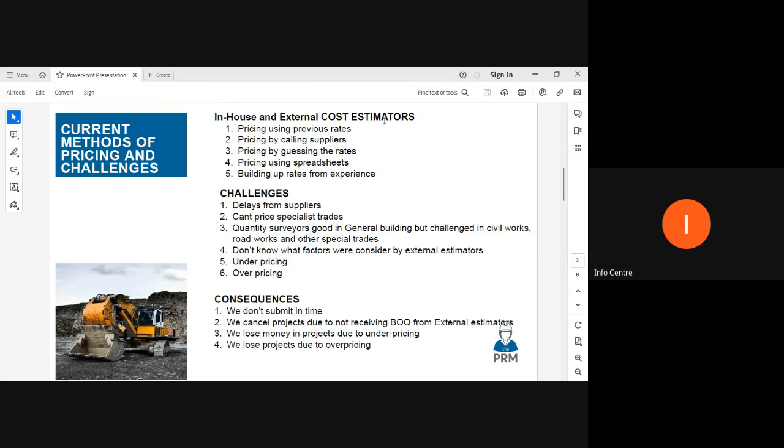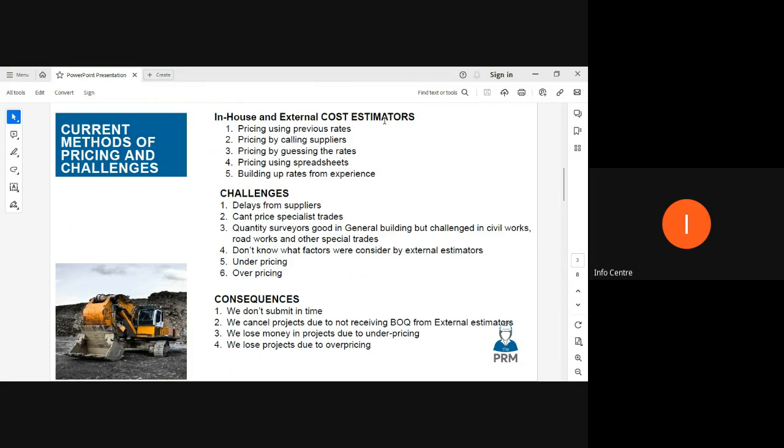In a similar manner, quantity surveyors academically are trained in general buildings. So when it comes to civil works, road works, and other specialist trades, they become challenging. Yet, all of our tenders in different ways and in different forms require that we have knowledge of all the disciplines. So this is the challenge that we often face, and obviously it has serious consequences.